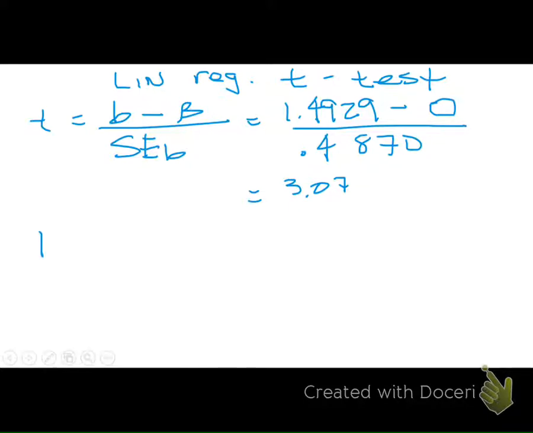And then the p-value, which can also be found from the computer output, the probability that t is greater than or equal to 3.07, is going to be half of the printed p-value, because the printed p-value was for a two-tailed test, so this will be 0.002.